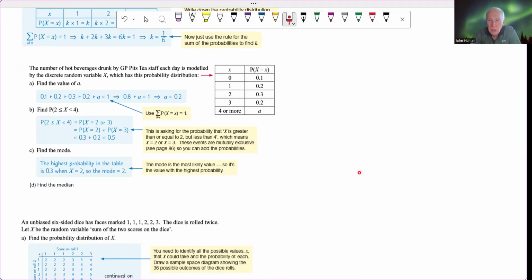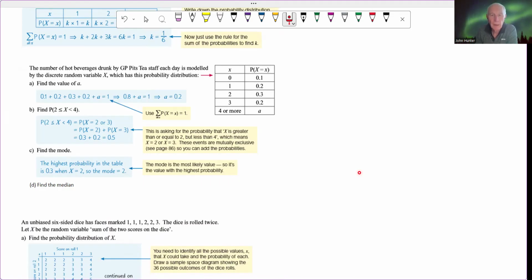You can start to see the similarity here. So when we're looking for the median, we're not so much looking for the middle value, but we're looking for the value such that the probability of less than that value is 0.5, and obviously therefore the probability that greater than the value is 0.5 as well.